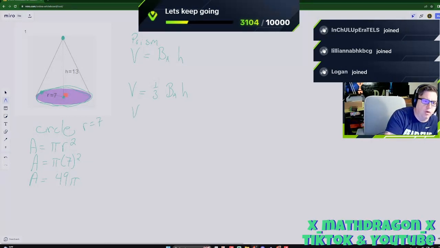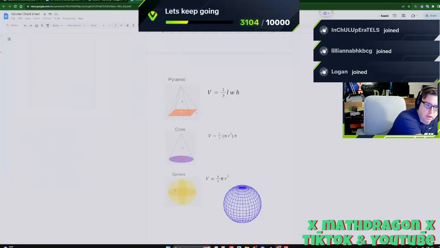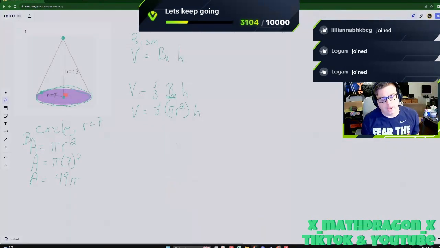So when we look at this volume now, we have 1/3. This BA actually becomes pi r squared, and then we just times it by the height, which if we go back to our cheat sheet, look at that, 1/3 pi r squared times h. That's where that equation comes from, okay?